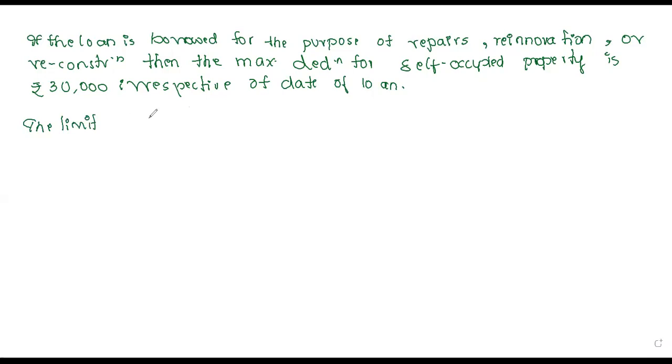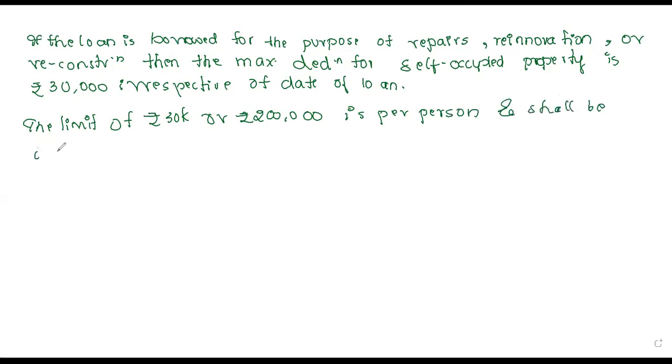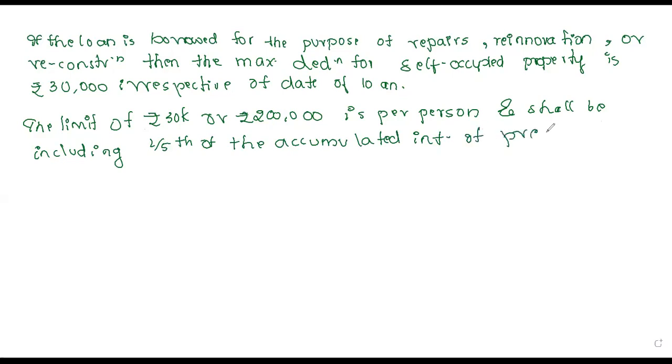The limit of rupees 30,000, or rupees 2 lakh, is per person, and shall include 1/5 of the accumulated interest of the pre-construction period for self-occupied property.